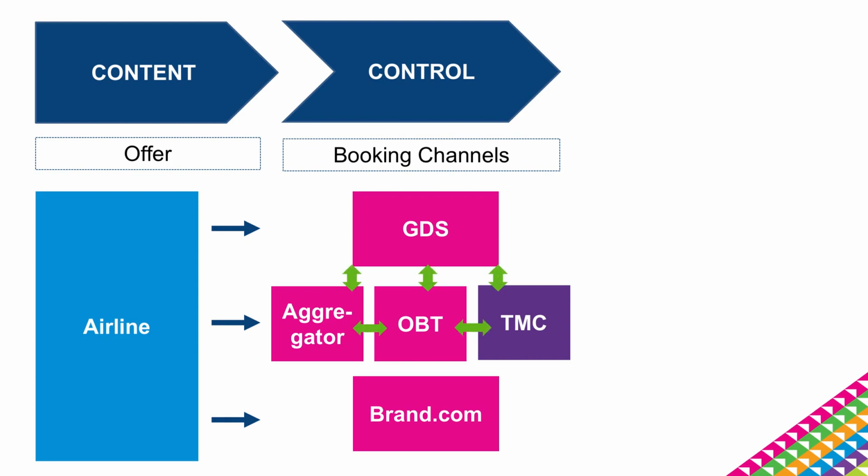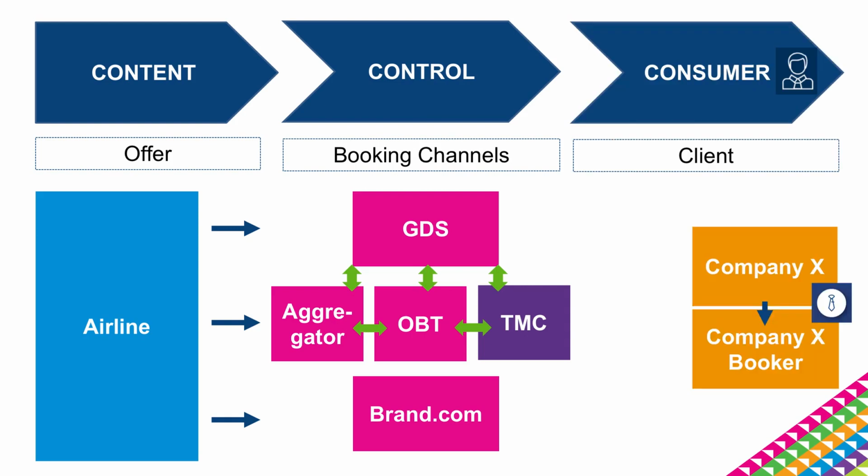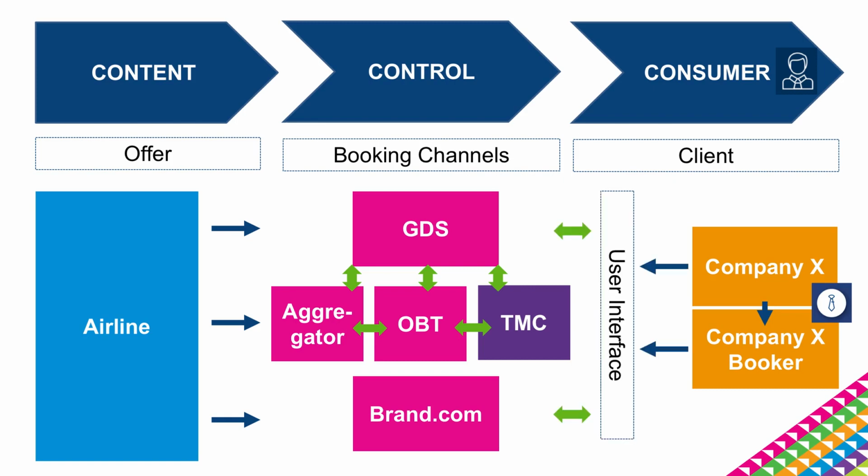And of course, all of these intermediaries are connected to each other. In the end, of course, you have the consumer, as I told you, the company and the booker who actually has these user interfaces and has this choice of booking.